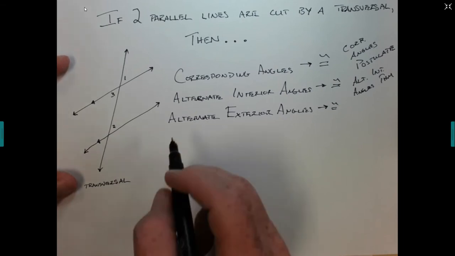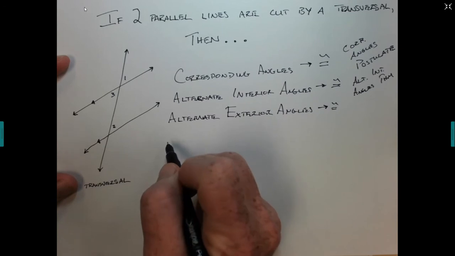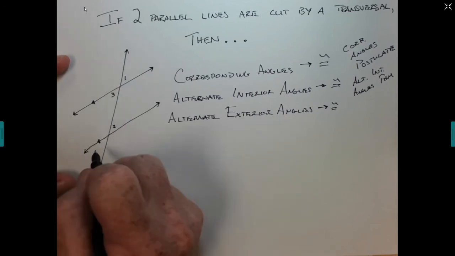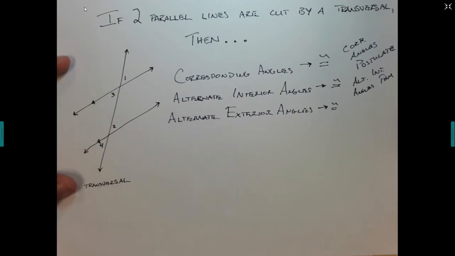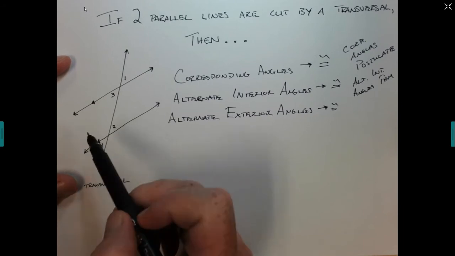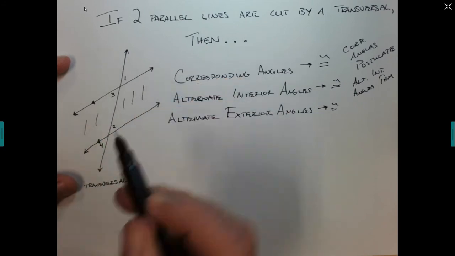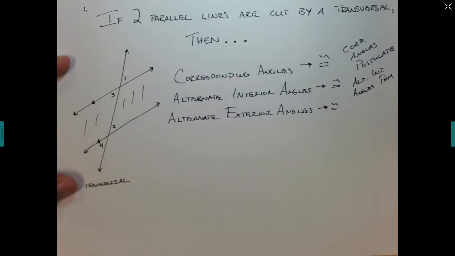Alternate exterior would be like angle 1 and angle 4. Those would have to be the same. Those are on alternate sides of the transversal, and then they're on the exterior of our two lines here. This is the interior. If it's not on the interior, then it's on the exterior.